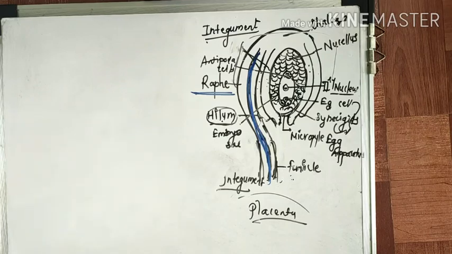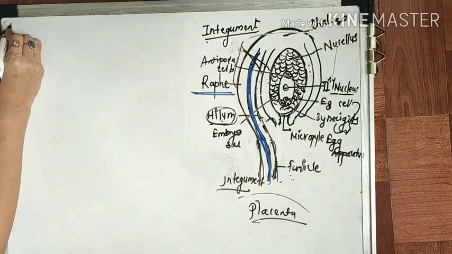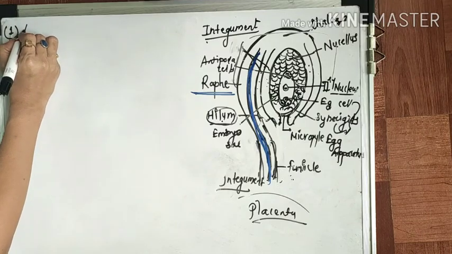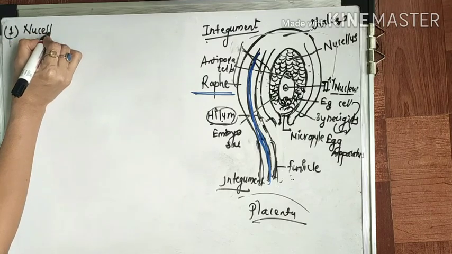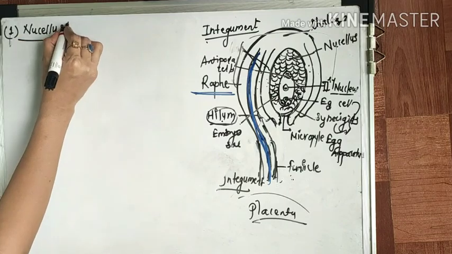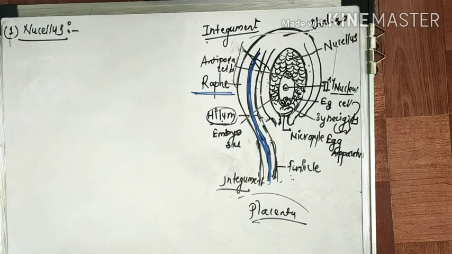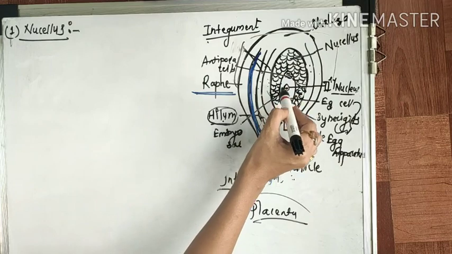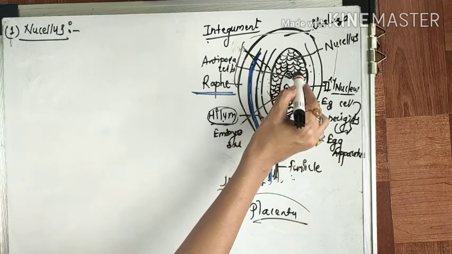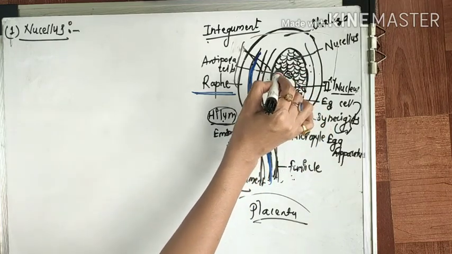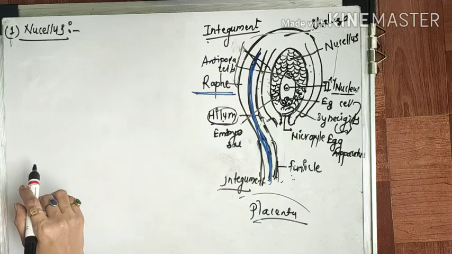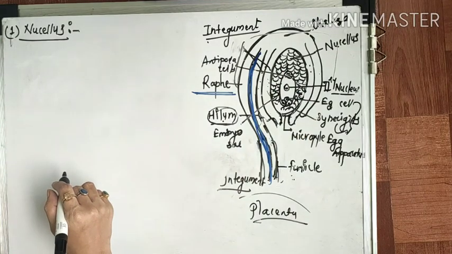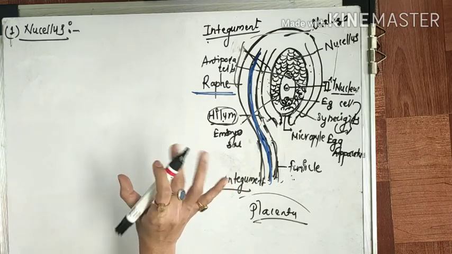So the first part is called nucellus. Now you can see it is the central major part of the ovule, the central middle part of this ovule. It is made up of parenchymatous tissue, and that is called nucellus.